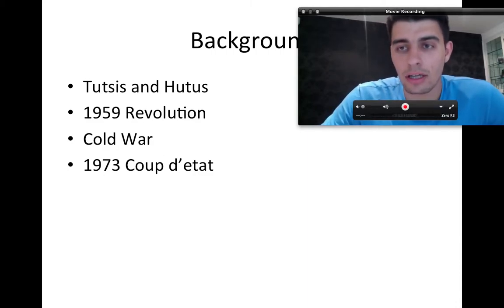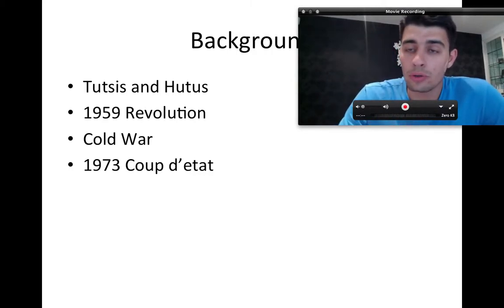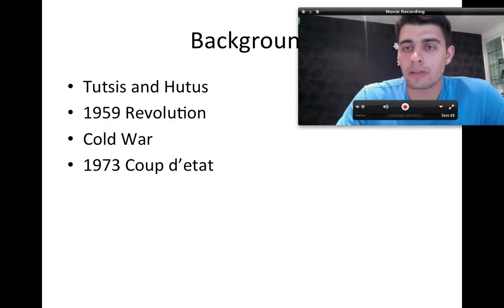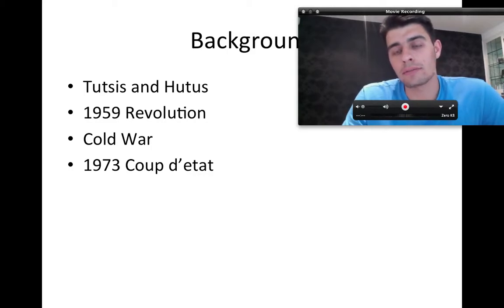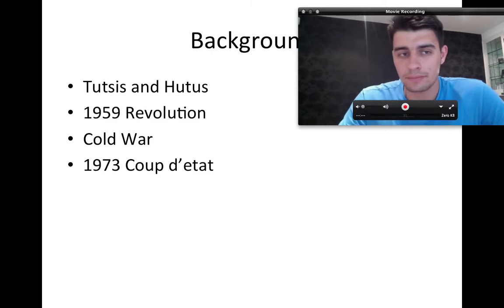They held a great deal of economic power in the country, and the Hutu population was primarily the peasant population, which relied very much on agriculture for its sustainability.